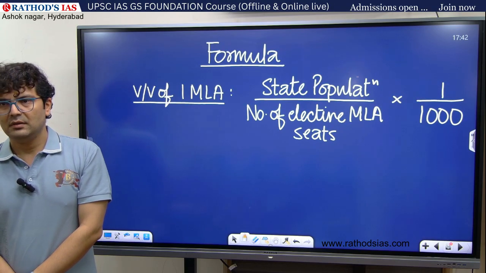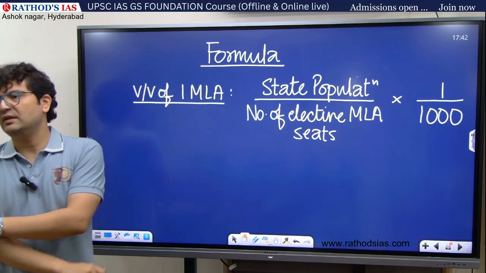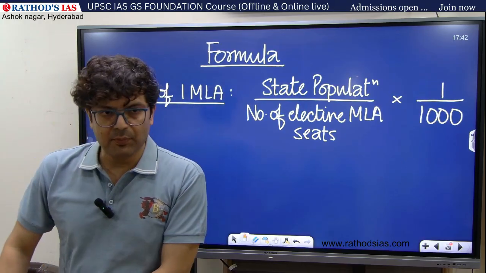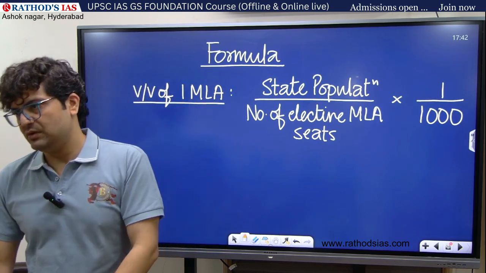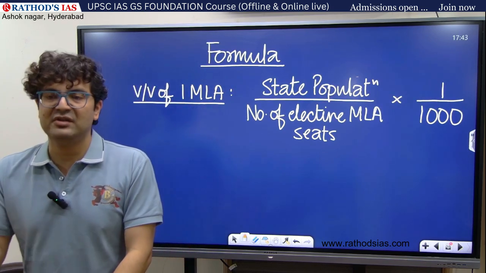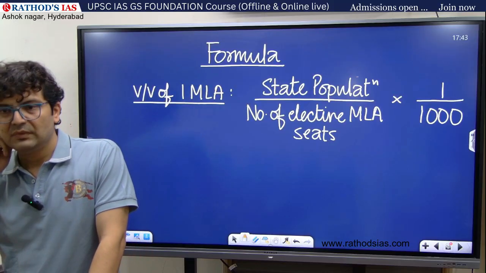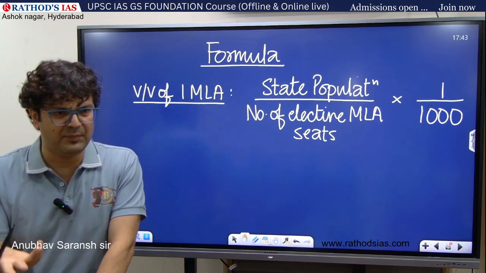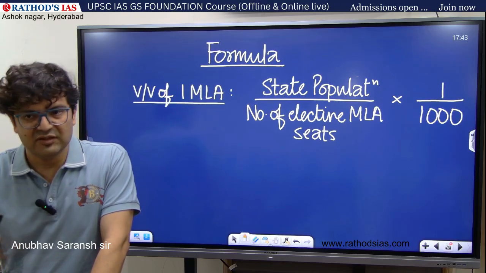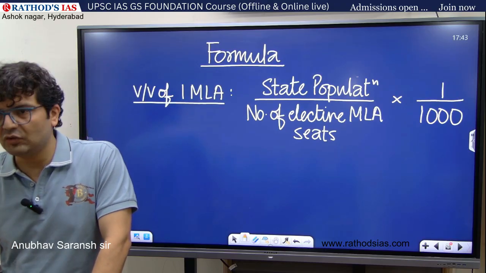Clear? But there is a small concern that still remains. When I say state population, which population? Today's population, yesterday's population, which population should I take into account? Census, of course, census population. So the last census was conducted in 2011. This means 2011 population. Yes or no?